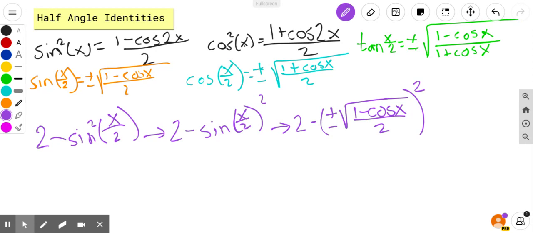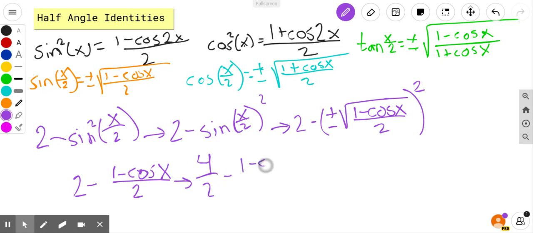The fact that it was plus or minus means that I don't have to worry about that because since I'm working with real numbers, my answer should always be a positive version of itself. So then I'll have 2 minus 1 minus a cosine of x over 2.